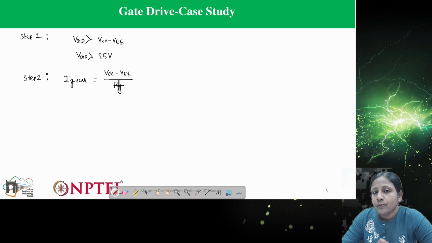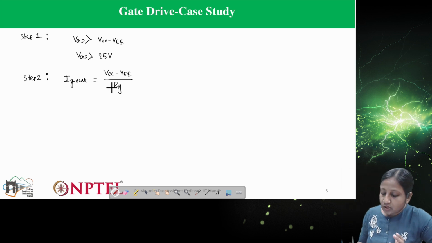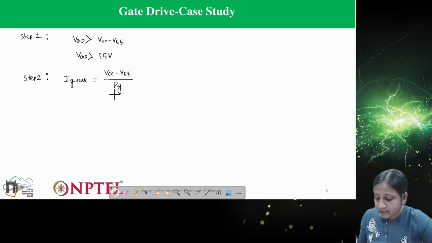The other component we can actually get once we select the gate drive IC. The third component, the external gate resistance, that we have to connect, and depending upon the optimum operating condition, we generally select that external gate resistance. So then we don't have this Rg value, but what we have is the internal gate resistance.